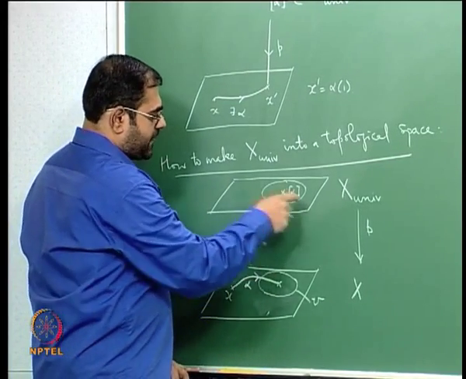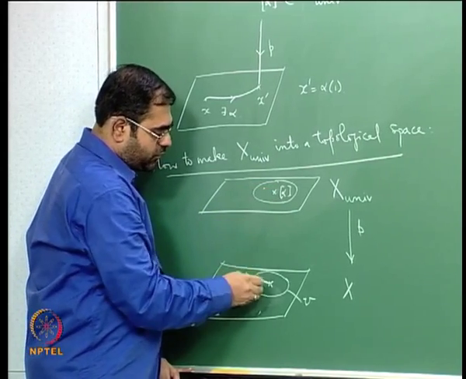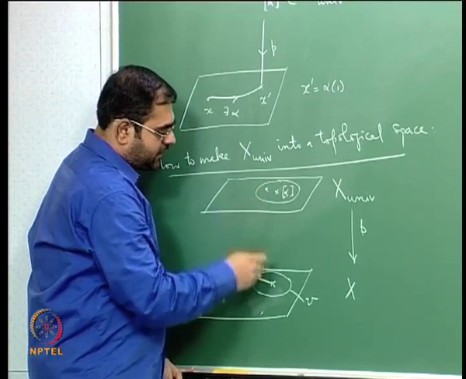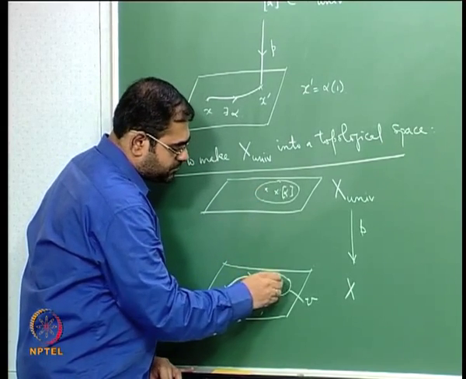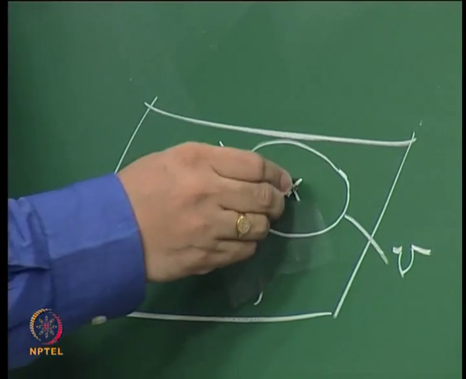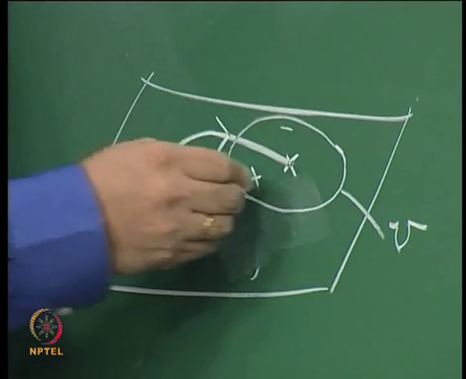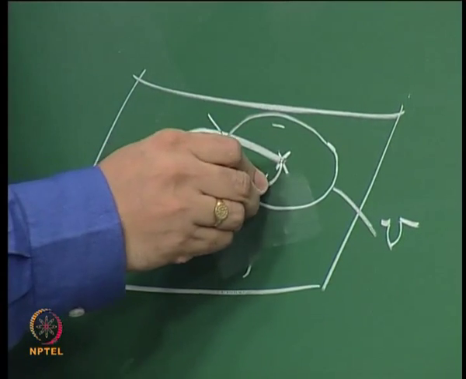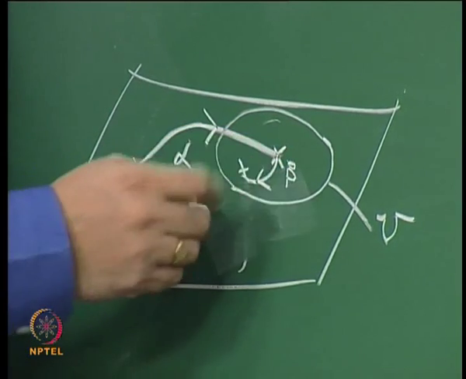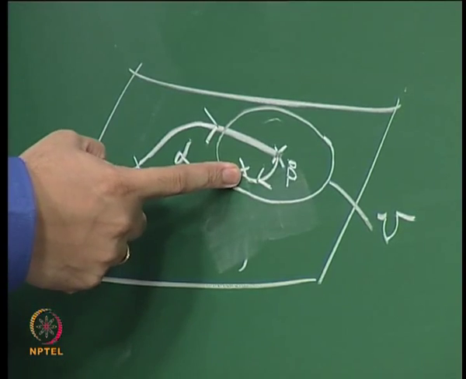Then if this map is continuous, nearby points should go to nearby points. So what's a nearby point here? It's something that should go to a nearby point here, and if there is a nearby point here, what I could do is join alpha of 1 to this point by a path beta.